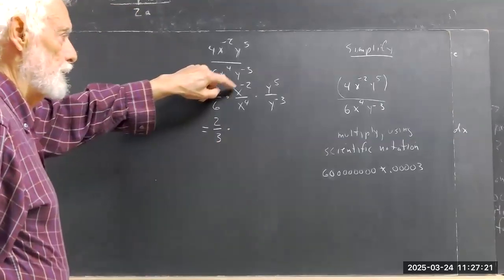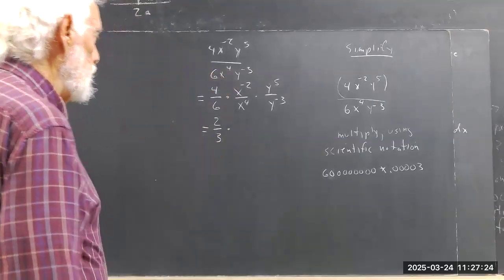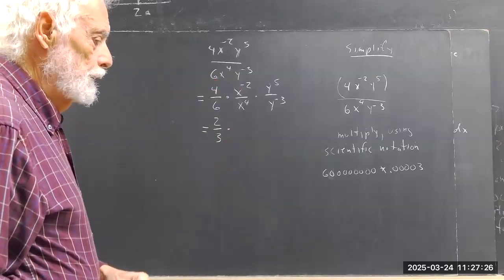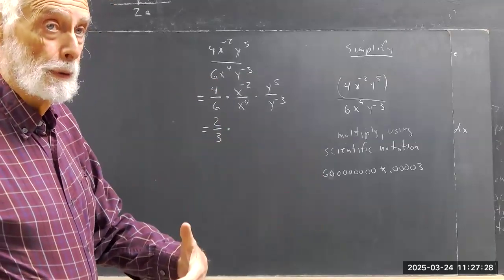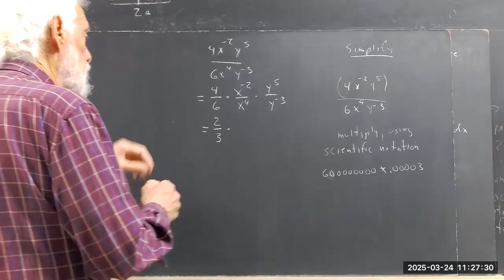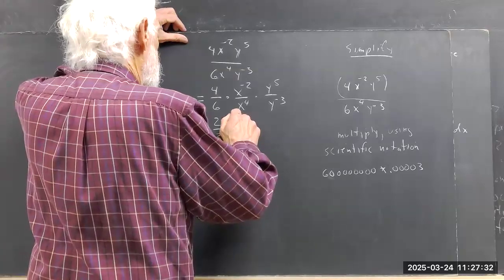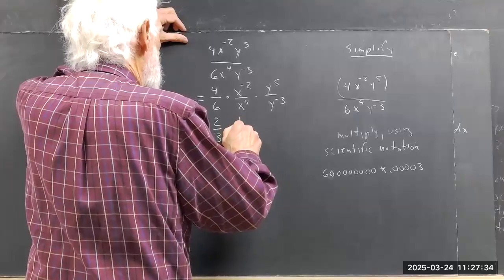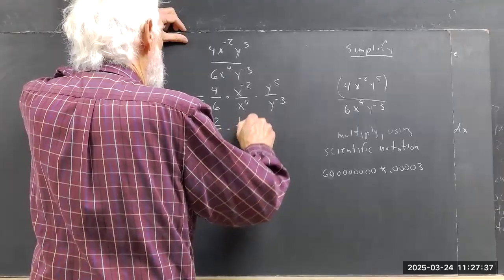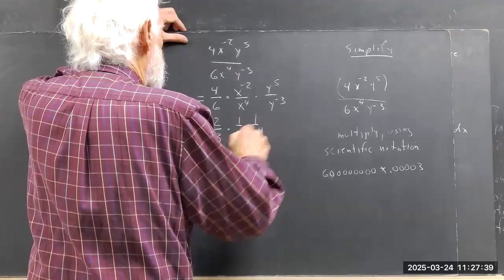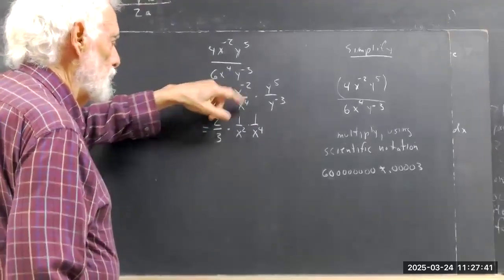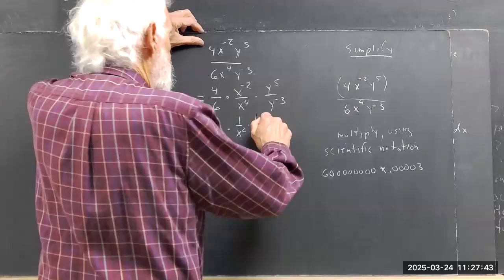Now, what do we do with an x to the negative 2? Well, x to the negative 2 is the same as 1 over x squared. So this is like 2/3 times 1 over x squared times 1 over x to the 4th.